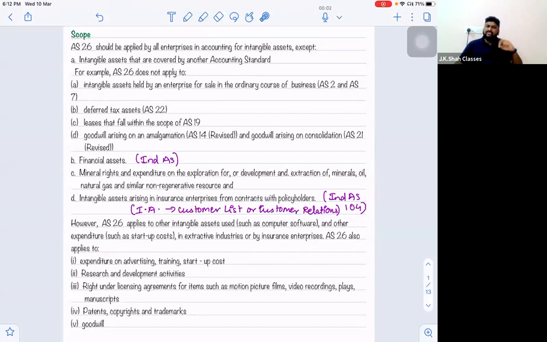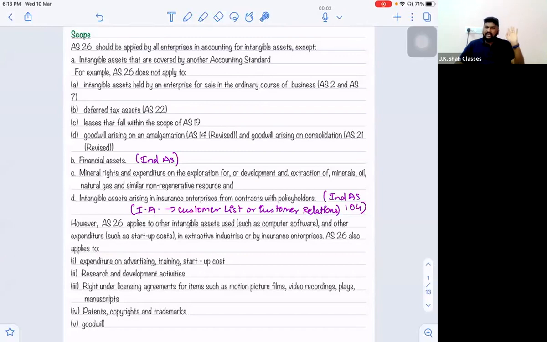So the 100 crores that you are paying is technically the amount paid for mineral rights or for extracting minerals from there. So technically that 100 crores that you are paying is the right that you are getting, and rights when you get is nothing but intangible only, but it is not covered by AS 26 because generally there is no accounting standard covering all these things. These are all depleting assets, and for depleting assets, even AS2 has lifted its hand.